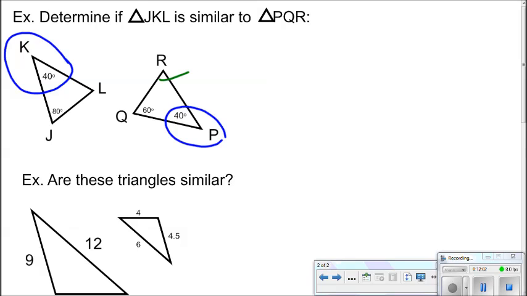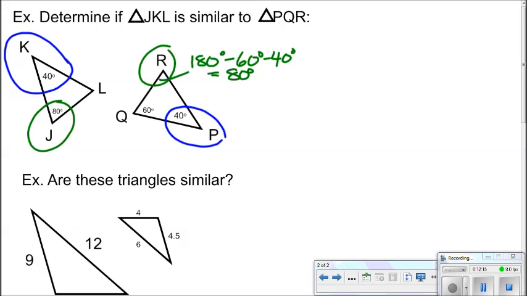And so I'm going to find out what angle R is because we need more information. And so to find angle R, we're going to take 180 degrees, take away the 60 of angle Q, take away the 40 of angle P, and we get 80 degrees. So this now shows us that angle R and angle J are actually corresponding angles because they're both 80 degrees. We're going to do the same for angle L. So take away the 80 degrees of angle J, take away the 40 degrees of angle K, and we get 60 degrees.